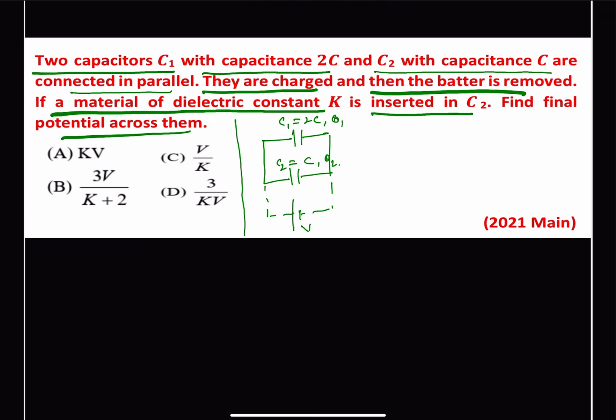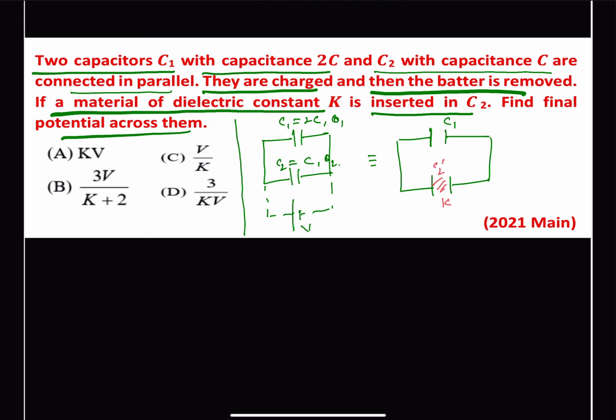Later on the battery is removed and dielectric constant K is inserted in C2. So for C1 there is no change. So C1 is C1, and in C2 we have now a dielectric constant K. Let us suppose its capacitance is now given as C2 prime.